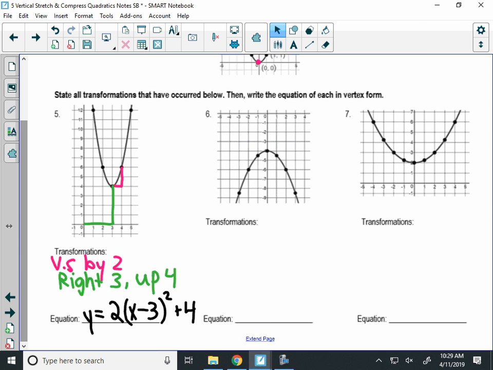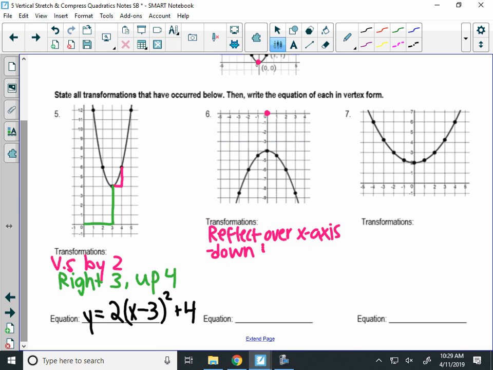Number 6 here, the first thing I noticed when I look at this is that the graph is upside down. That means that it was reflected over the x-axis. Looks like it went, from the origin, down 4. And then lastly, it looks like it's compressed.